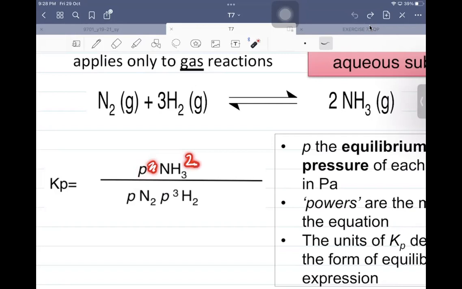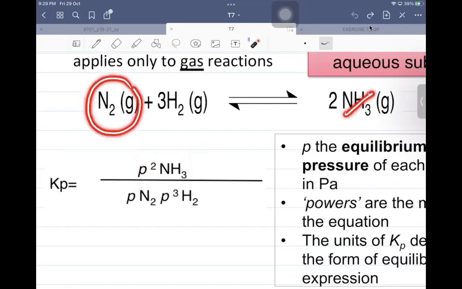But it's not wrong. What is wrong is if you write down square bracket for partial pressure. You must only use P as your symbol for partial pressure.